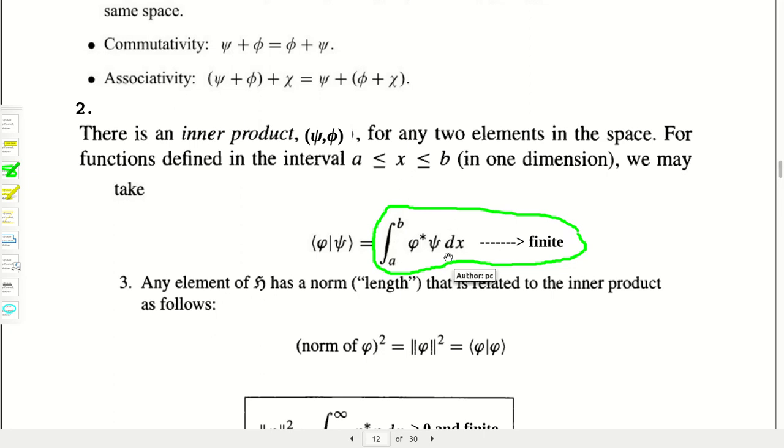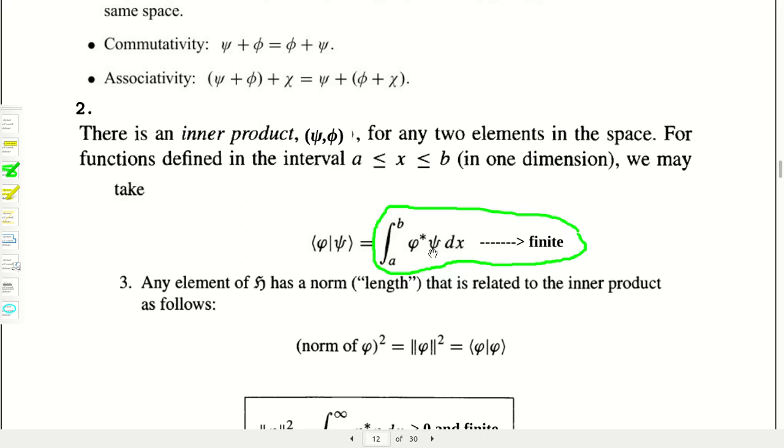So just consider this integral, phi star psi dx. This integral should be finite if phi and psi are in Hilbert space.